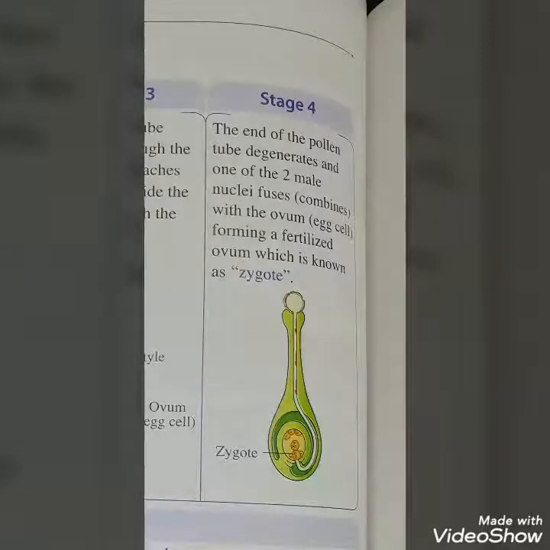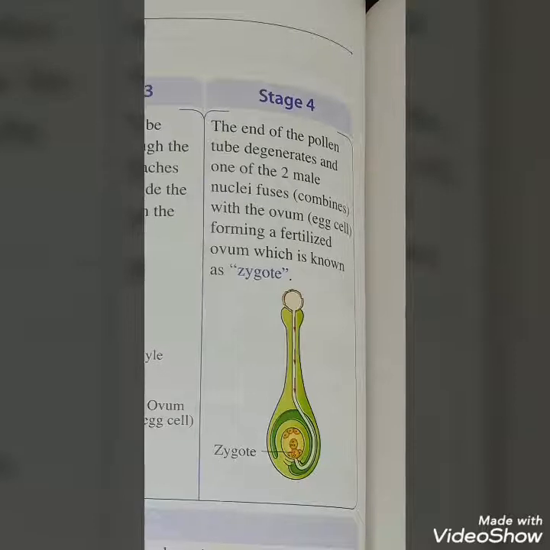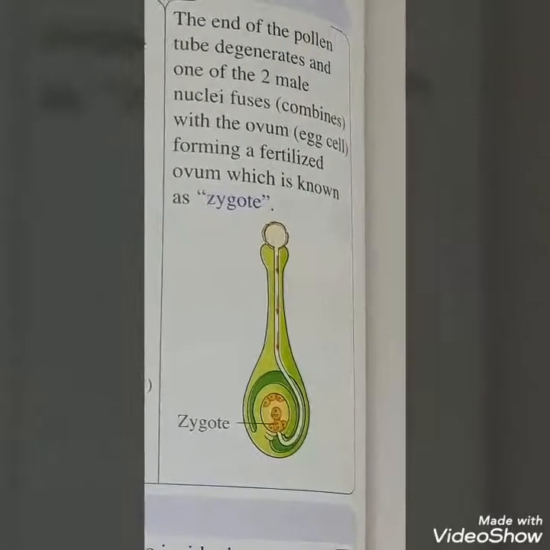Stage number 4, the end of the pollen tube degenerates, and one of the 2 male nuclei fuses with the ovum, the egg cell, forming a fertilized ovum, which is known as the zygote. Now fertilization happens and the zygote is formed.